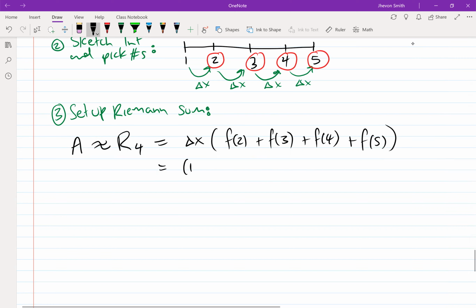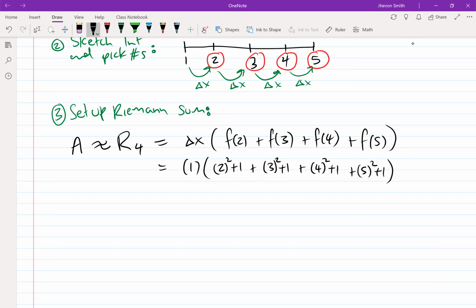Our delta x was 1, f of 2 is 2 squared plus 1, f of 3 is 3 squared plus 1, f of 4 is 4 squared plus 1, f of 5 is 5 squared plus 1. So that's 5 plus 10 plus 17 plus 26. Hopefully you're following with that. So this one gives us 58.